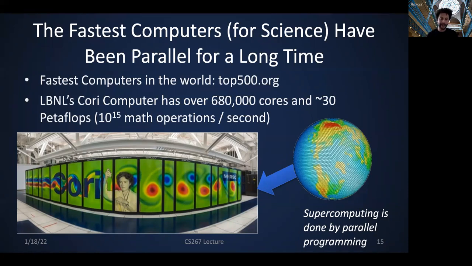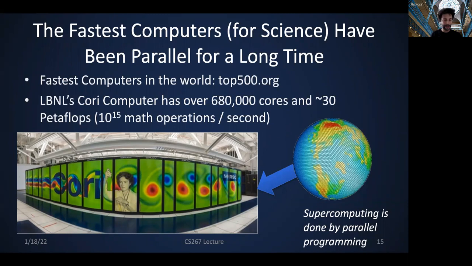So when you hear supercomputing today, we're really talking about parallel programming. That's an important thing to think about. In the future, this might change. Supercomputing might become synonymous with quantum computing or some other technology that might overcome the barriers of standard von Neumann architectures. But today, when we say supercomputing, we're really talking about parallelism.